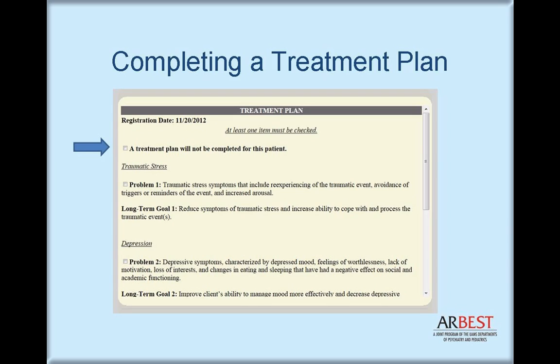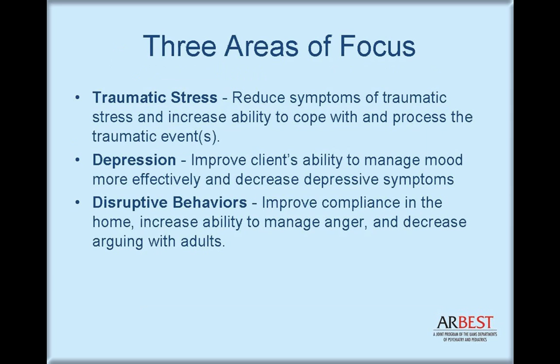The treatment plan is broken up into 3 areas. Traumatic stress, with the overall goal of reducing symptoms of traumatic stress and increased ability to cope with and process the traumatic events. The second area of focus is depression, and the overall goal there is improving clients' ability to manage mood more effectively and decrease depressive symptoms.